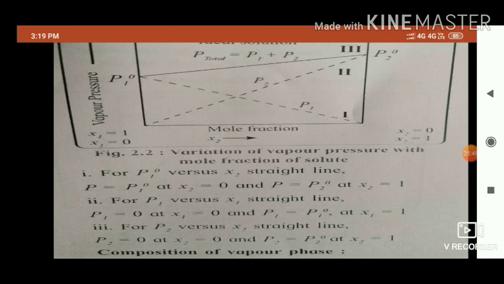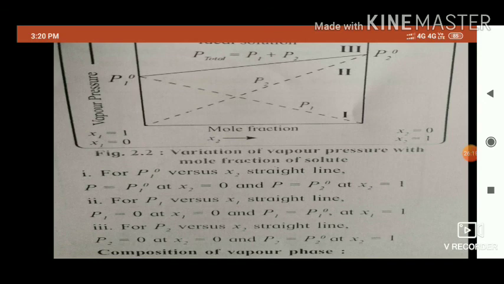If we take the value of x2 equal to 1, then the equation becomes P is equal to P1 naught plus P2 naught minus P1 naught. Here P1 naught minus P1 naught cancels, and therefore the total pressure P is equal to P2 naught.